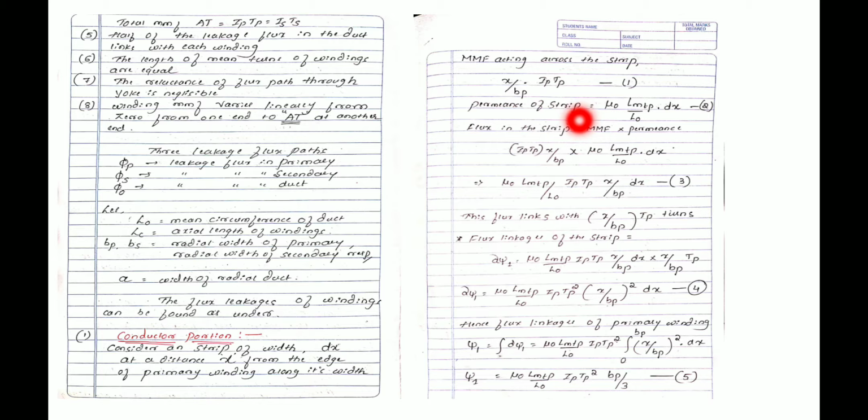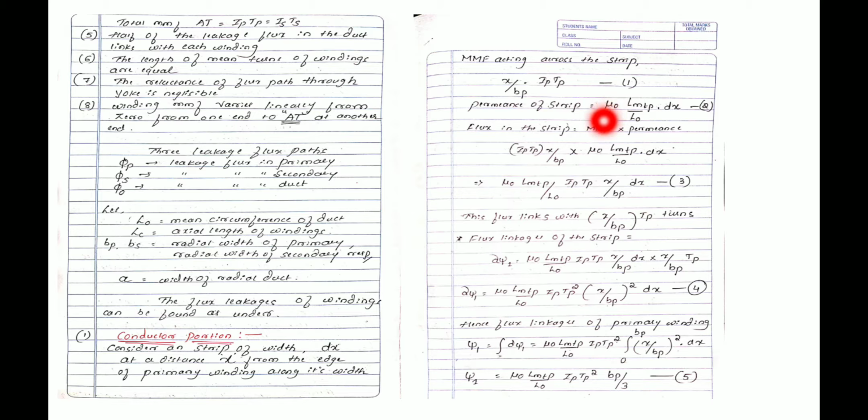This proportionality constant is represented by 1 divided by mu here, whereas in an electric circuit the proportionality constant is represented by rho, the resistivity. Reluctance is 1 divided by mu into L divided by A, but permeance, being the reciprocal, is mu A divided by L. This is nothing but the permeance of a strip.